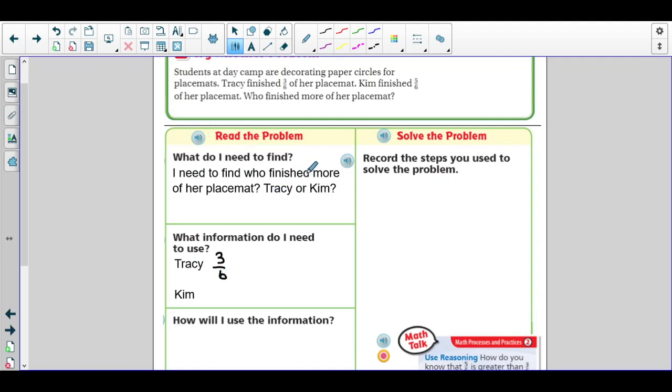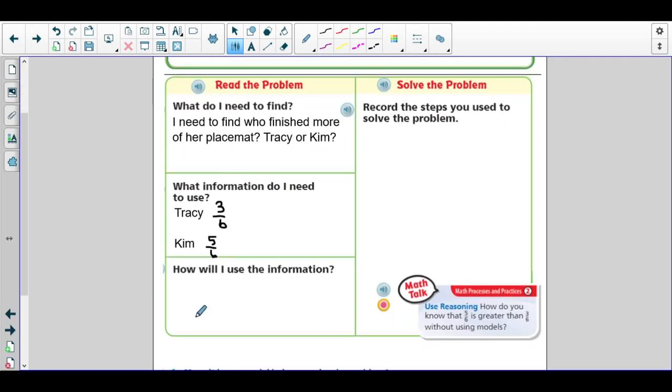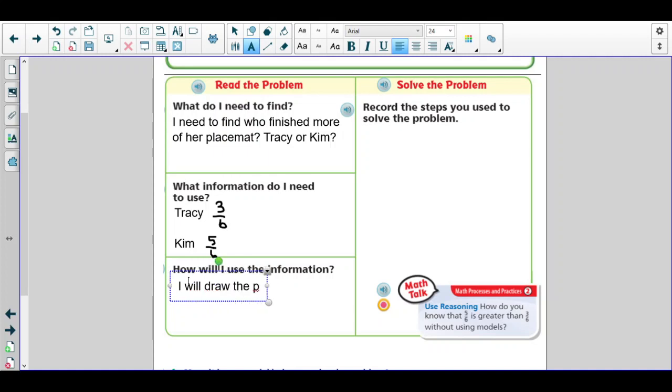And Kim finished 5 of the 6, or 5/6 of her placemat. Okay, how will I use the information? I will draw the pictures and then compare.